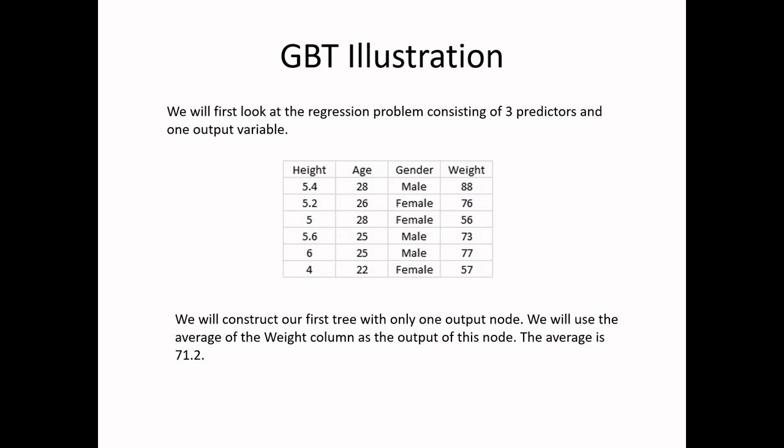In this case, the average is 71.2. So that's your starting guess. Since you are not using any features, this guess can be represented as a single node with a value of 71.2.